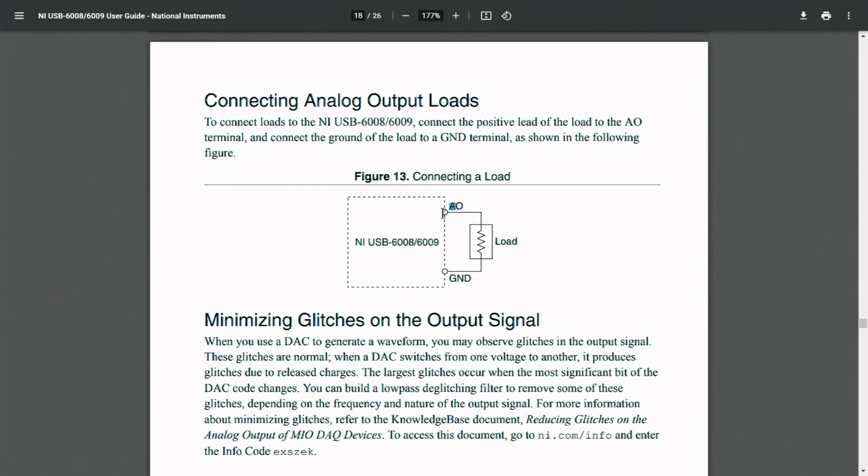If this is one analog output, and this is the load, if the load resistance or input impedance of the load is within the limits of the output current that the USB device can support, we can directly interface the output to the ground. Most probably we can use up to 30 milliamps of current, so an LED can be driven. But if we want to drive motors, which require hundreds of milliamps of current, then this configuration may not be utilized.